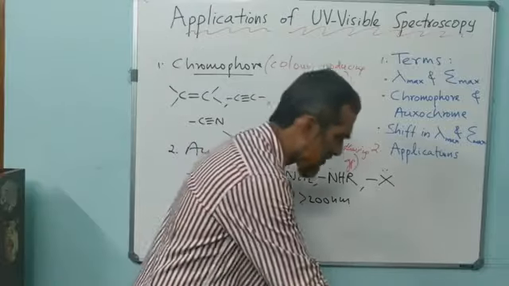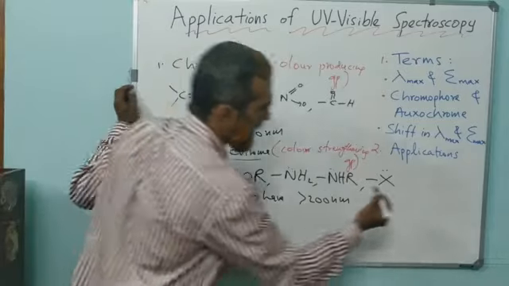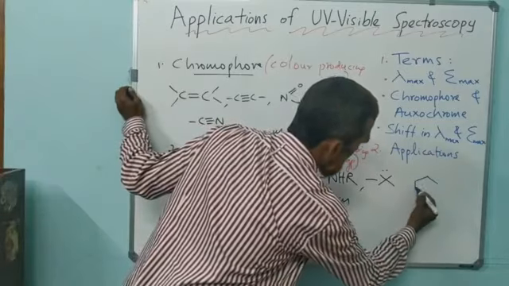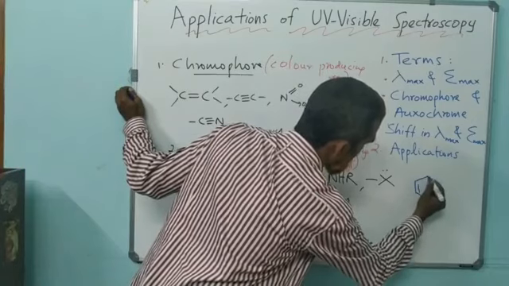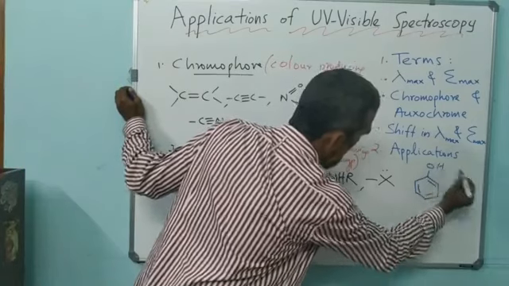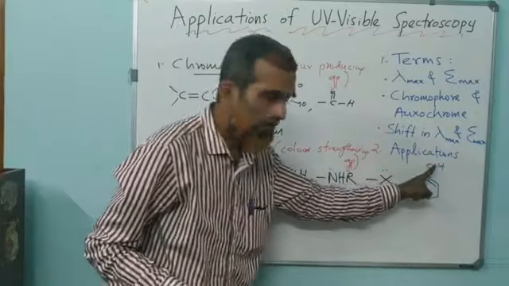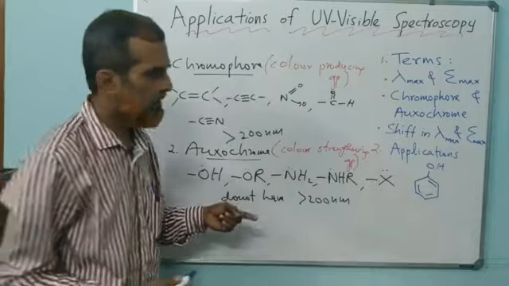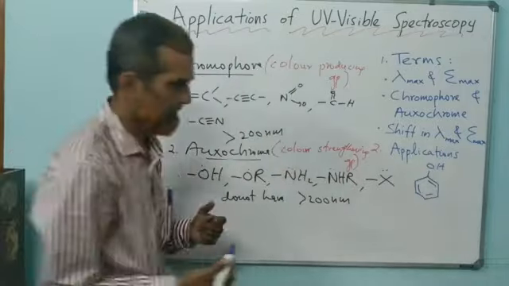Let me put an example. Look at this organic molecule. Let me write it here. Okay, this is phenol, right? Phenol, and OH group is there. OH group is an auxochrome. You know that phenol is a colorless liquid. It's colorless.